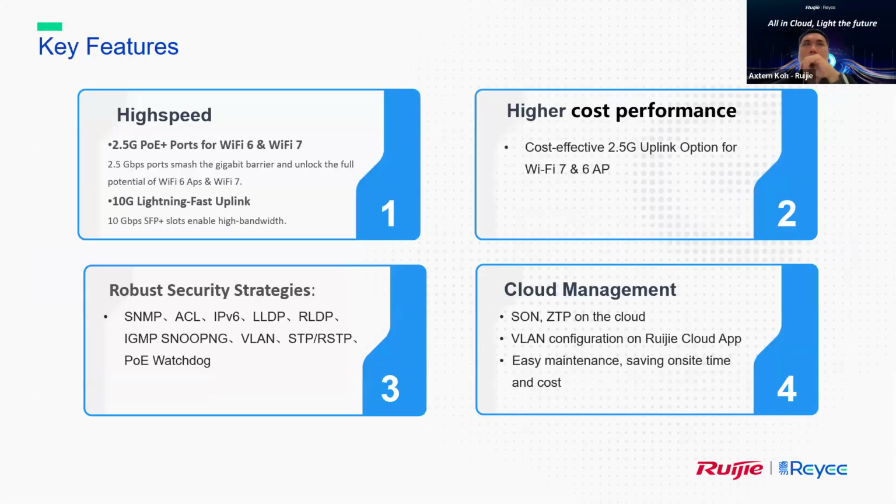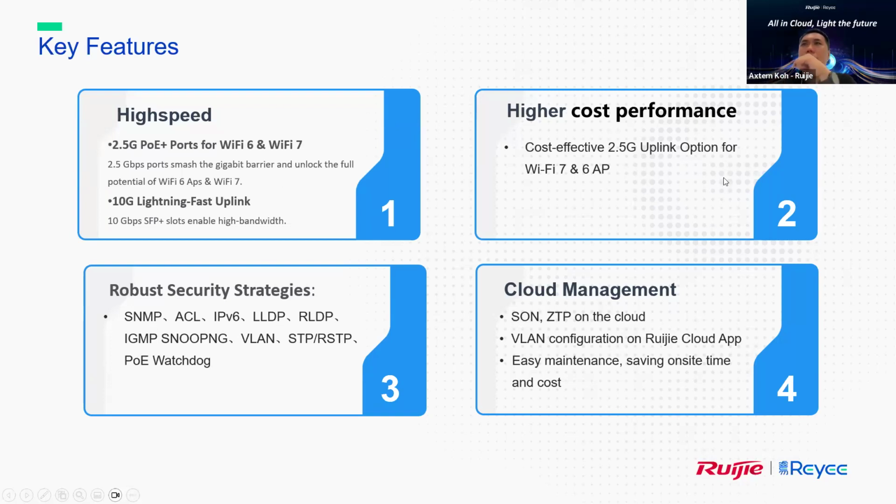And the key features of our MPS 3300 model, right? They come with 2.5G, especially for Wi-Fi 6 and Wi-Fi 7 customer environments. They are also able to cope with the 10G uplink, due to the 2.5G demand from the client as well. For these features, we also support industrial and enterprise features like SNMP, ACL, IPv6, LLDP, IGMP snooping, VLAN, spanning tree, and watchdog.